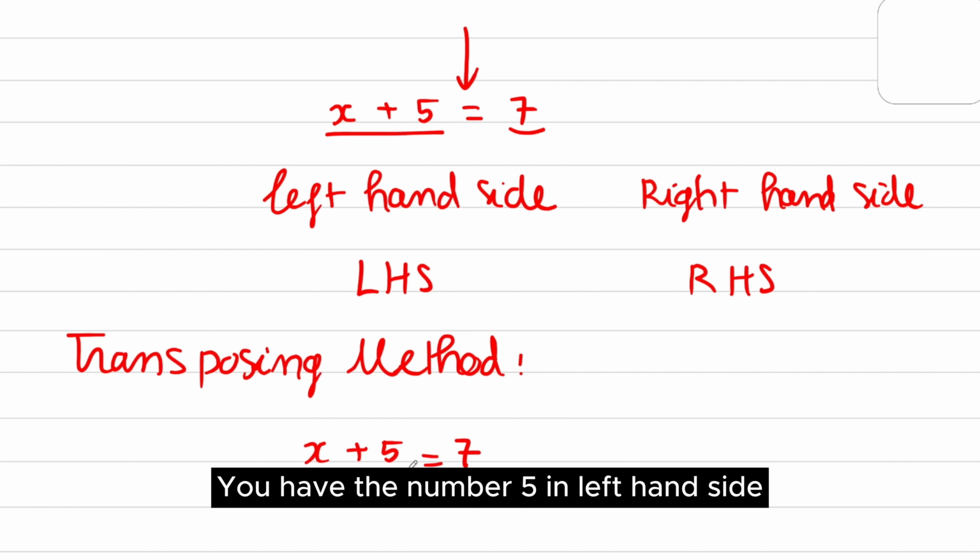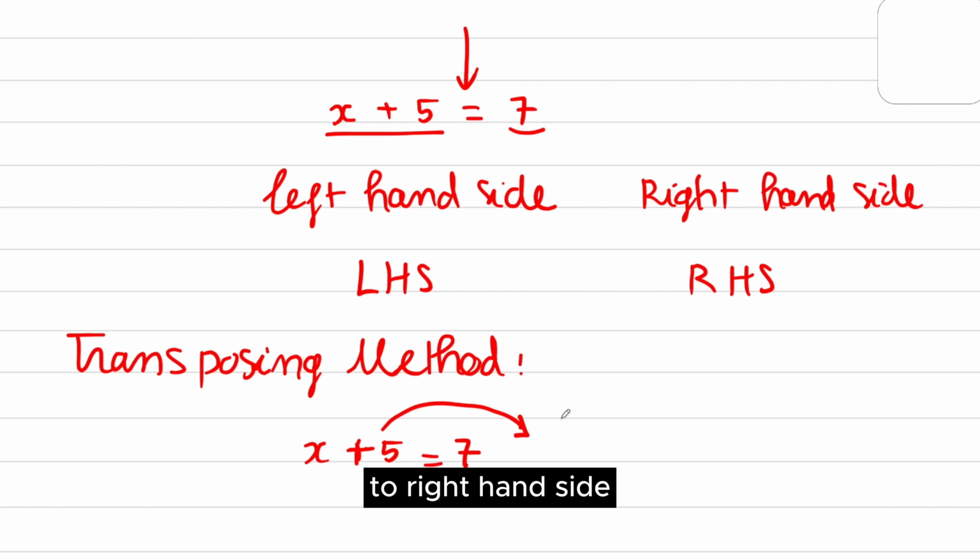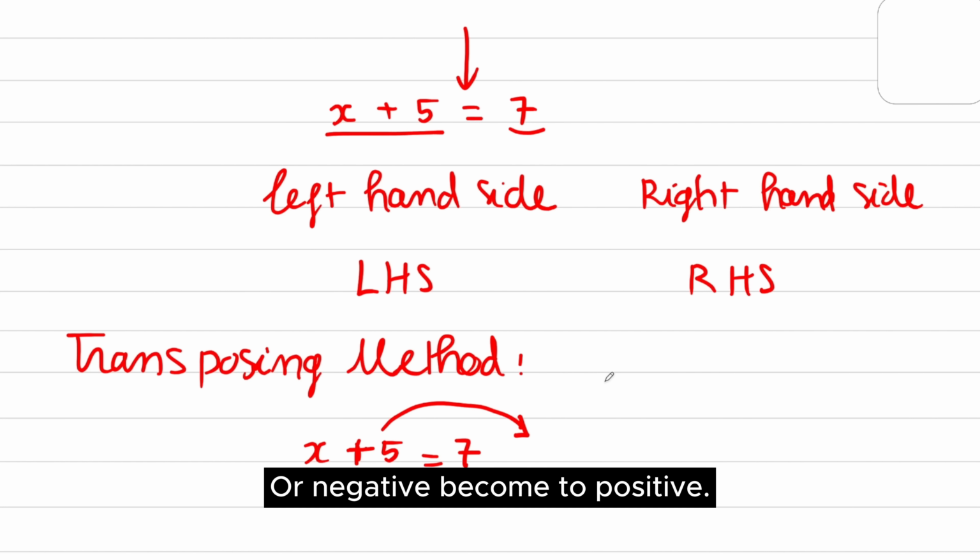For example, you have the number 5 in the left hand side, and in front of 5 you have a positive sign. When you want to move it from the left hand side to the right hand side, you have to change the sign: positive to negative, or negative to positive. A plus sign in the left hand side, when you move it to the right hand side, becomes negative.